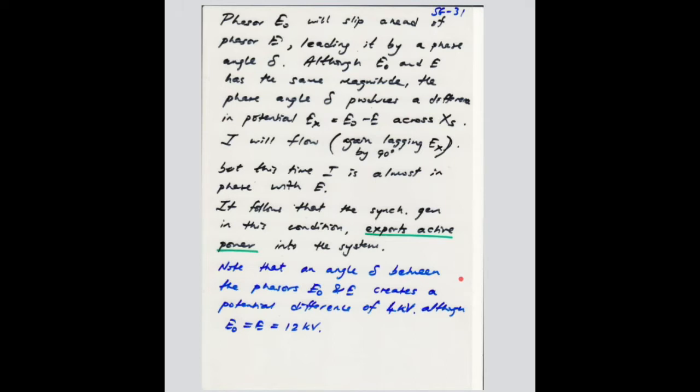And the second mode that we looked at last week was under-excitation, where the operator reduces the excitation current such that the magnitude of the phasor E0 is lower than that of the terminal voltage, or the utility voltage.